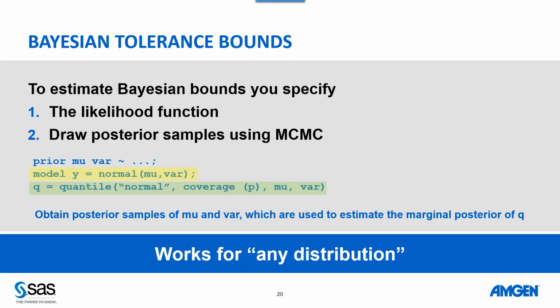Right. Well, the reason we put quote unquote on any distribution is that, because of this quantile function, technically SAS only supports a number of standard distributions. And if you are working with a likelihood that is not a standard distribution, then you will need to use a general function in SAS to define it. And now this becomes almost like censored information. You essentially censor information, which we don't really do, but it's a predictive distribution in the sense of conditioning on the posterior samples of mu and the variance, which you know there are many thousands of, because they're coming from a distribution.